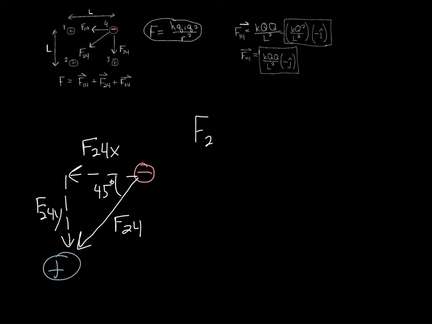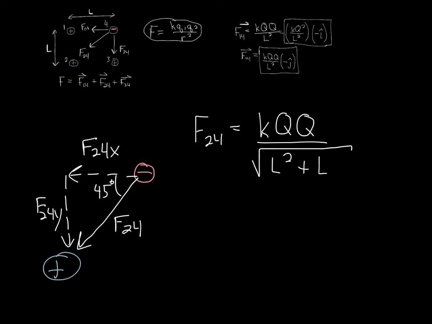F24 is just Coulomb's Law again. F24 is equal to K times charge 2, which is Q, times charge 4, all divided by the separation of the two squared. So that's going to be equal to the square root of L squared plus L squared, where that came from the size of this square.